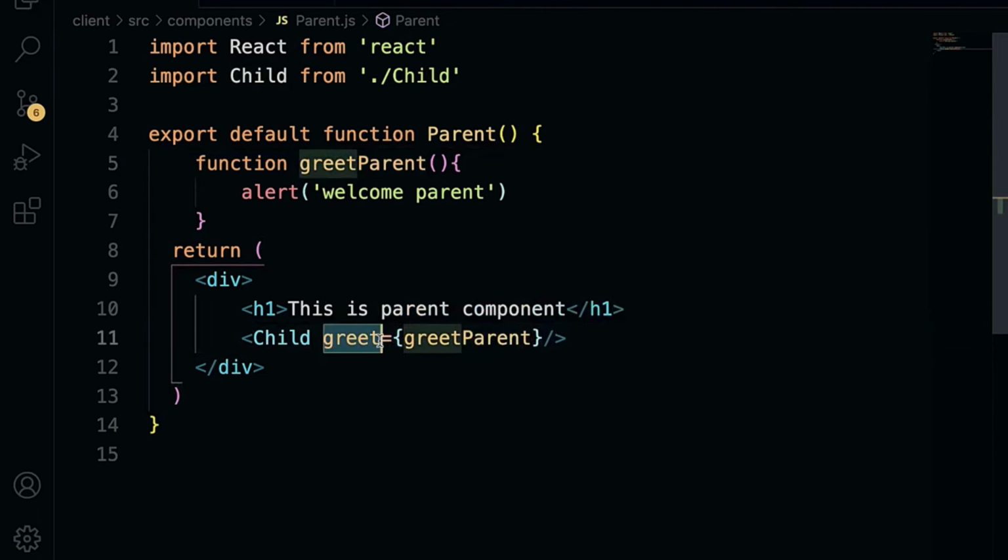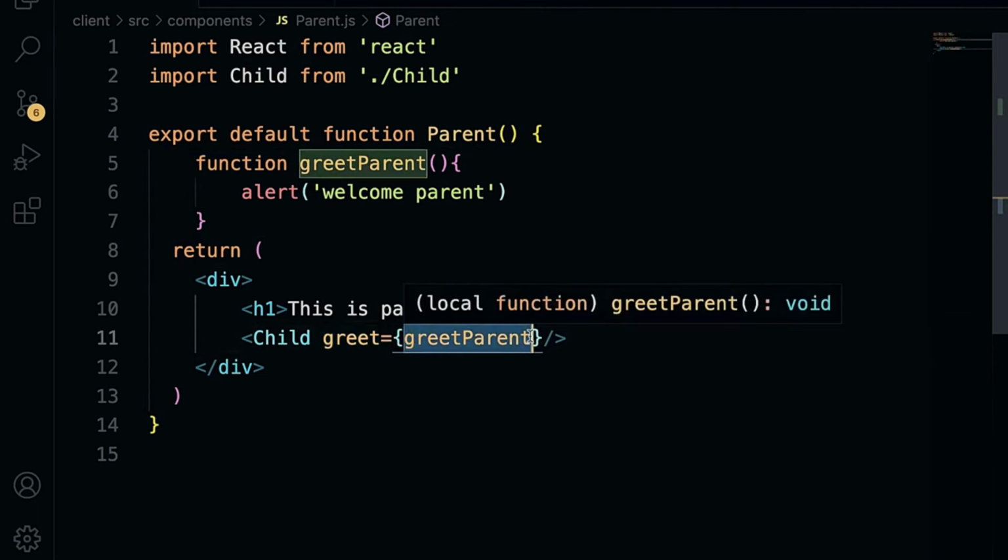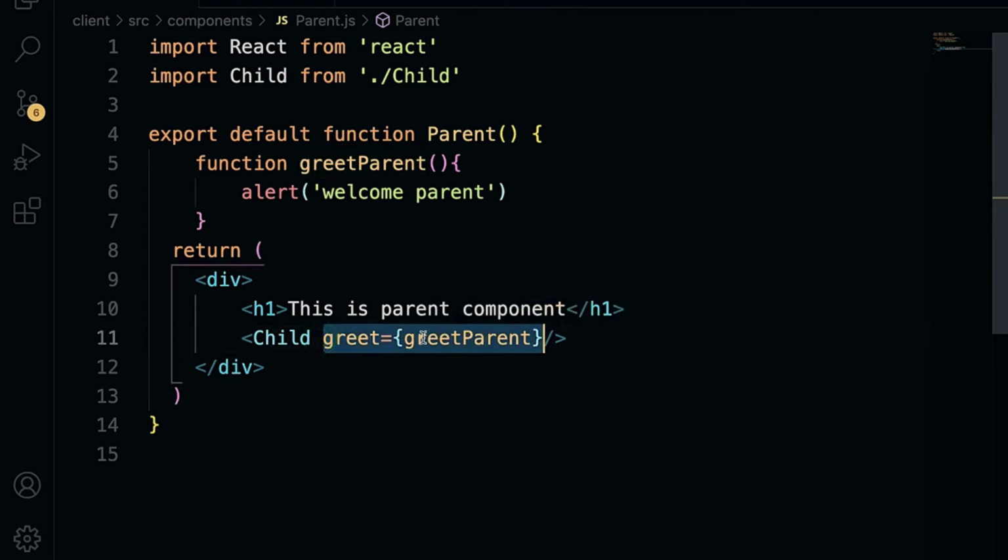So this is the attribute and here is the value. And all of these is called props. Understood? Beautiful. So when you do this, we have succeeded in passing this function as props down into the child component.